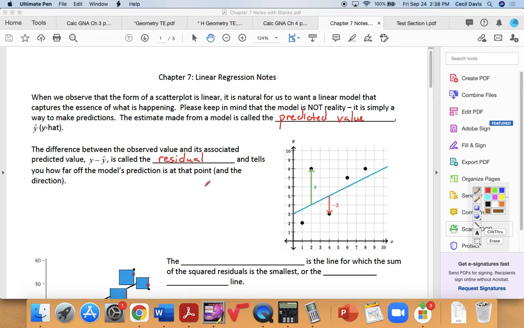So, residual, same root word as residue, right? What is residue? Like leftover. It's the leftover. That's exactly right. It's how much is left over. I'm trying to think of the quote.